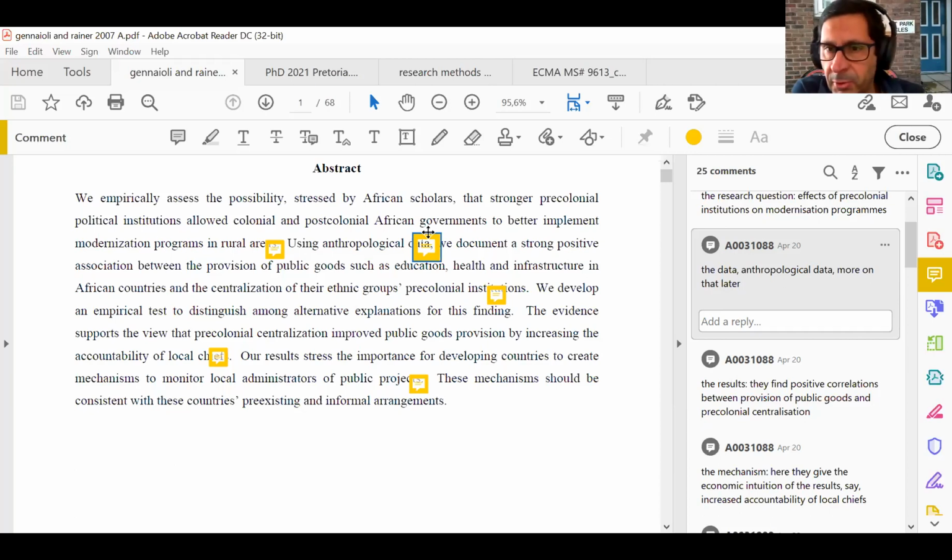This paper is very much, so my annotation there is the data, which they use anthropological data, which is quite common nowadays, and more on that later. So they are going to explain at some length what this anthropological data is at some point.